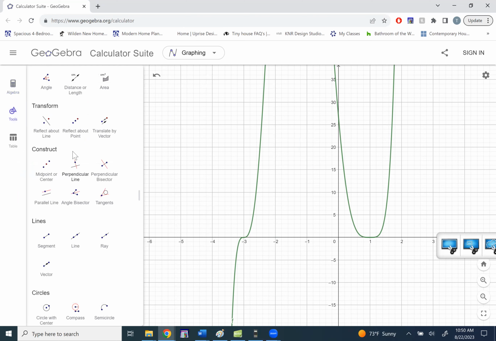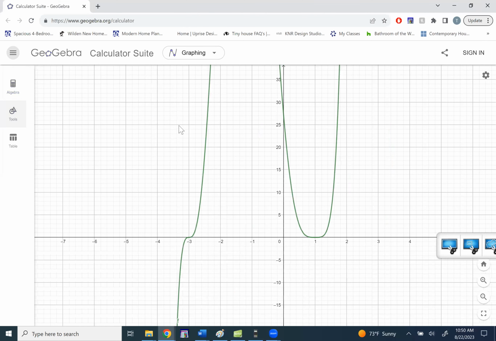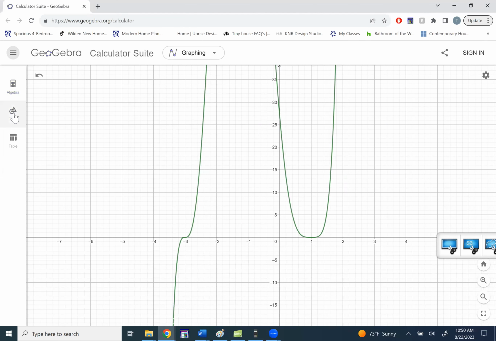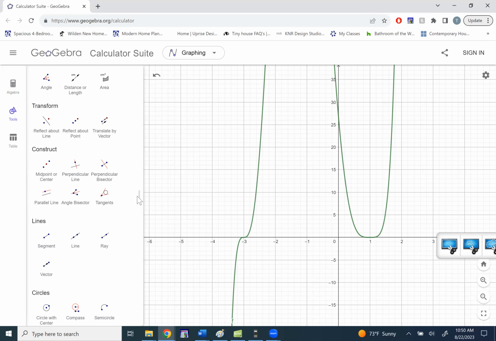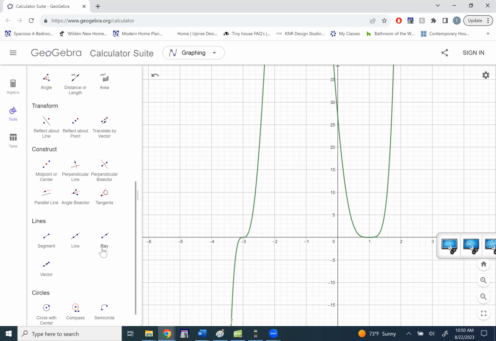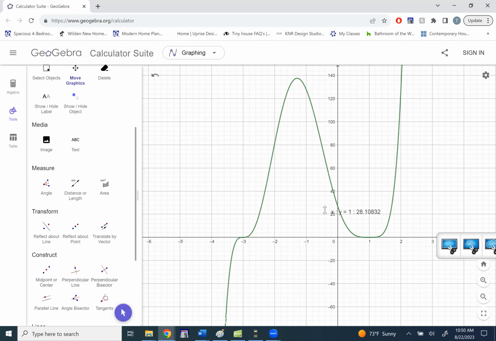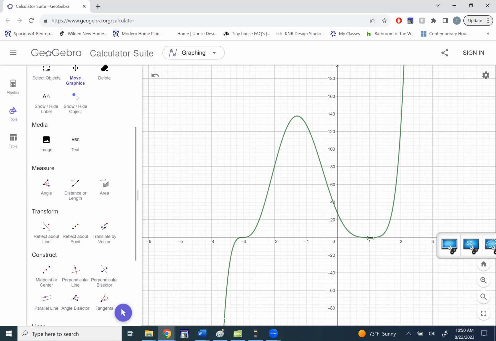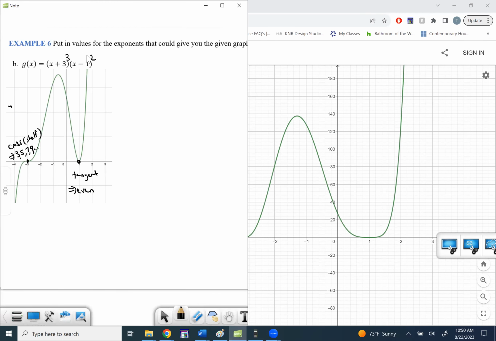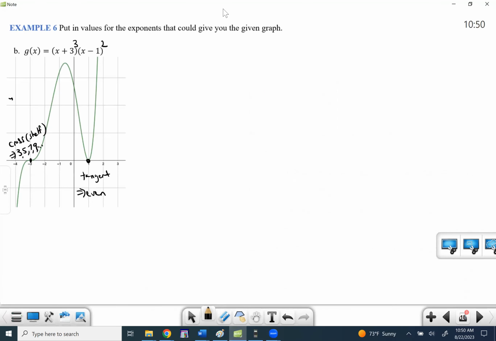If I shrink it down, it's still going to look pretty much the same. You have that tangent and then that shelf. So you can really pick any even value, because then you understand that it has to be an even number if it's tangent.